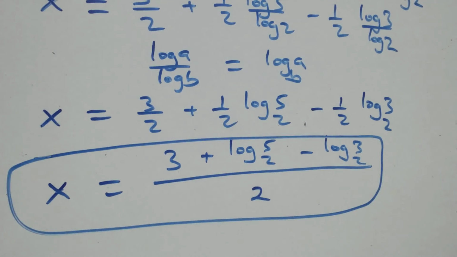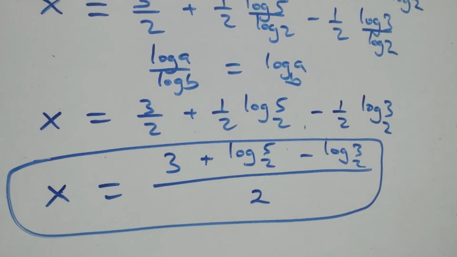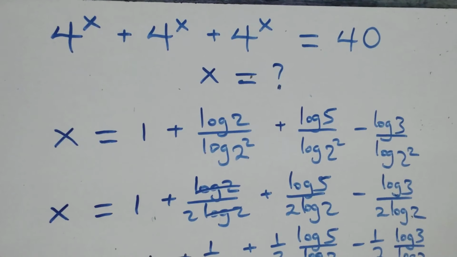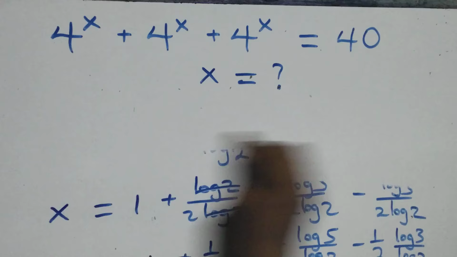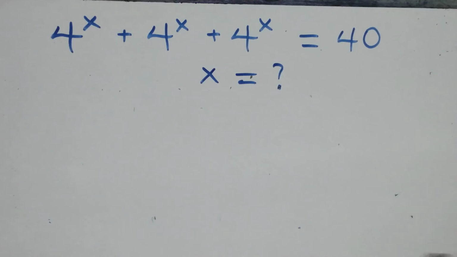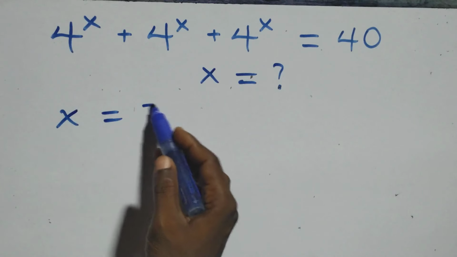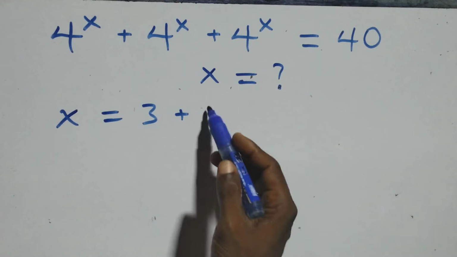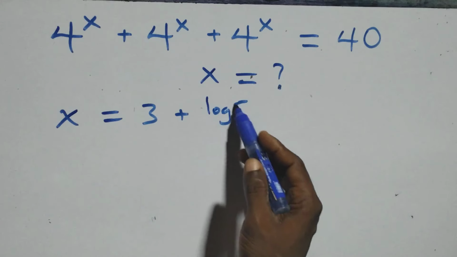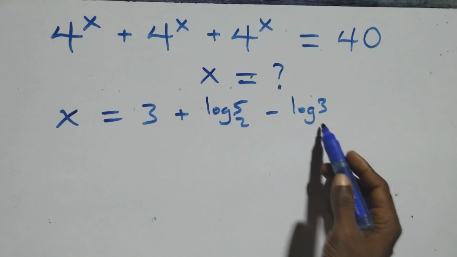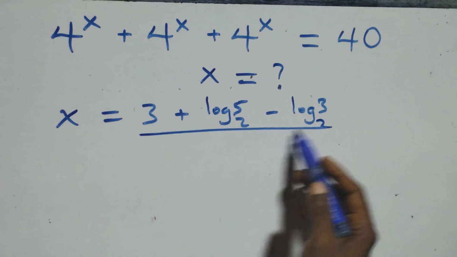Then let's check if this satisfies this given problem. That is, we substitute the value of x here, which is x equals 3 plus log 5 base 2 minus log 3 base 2 all over 2.